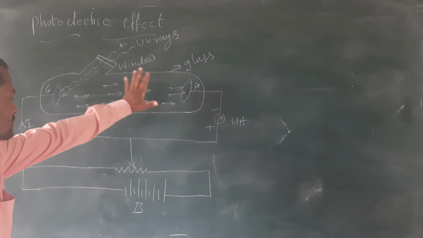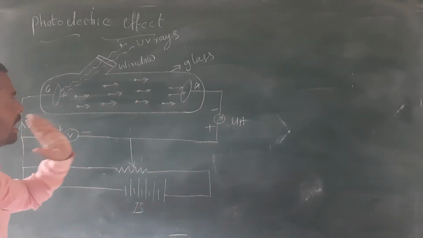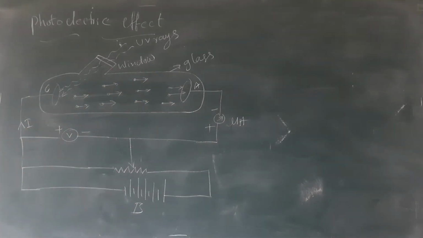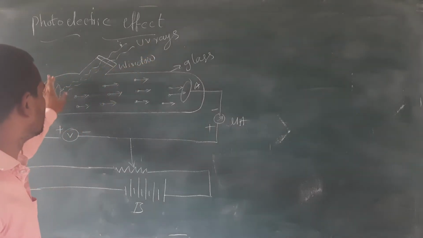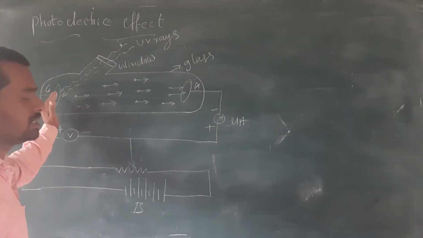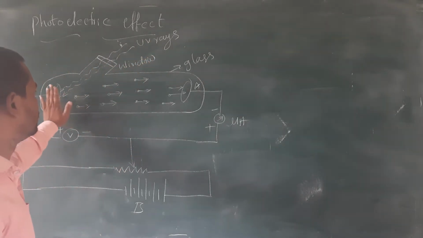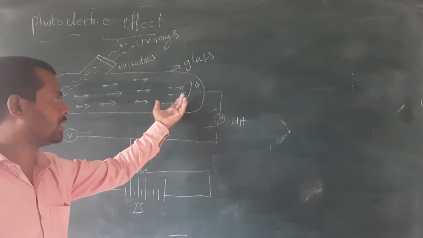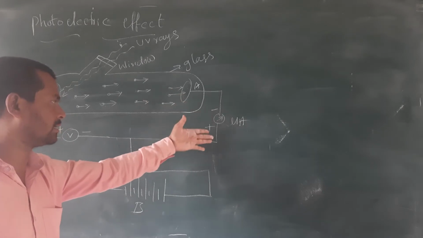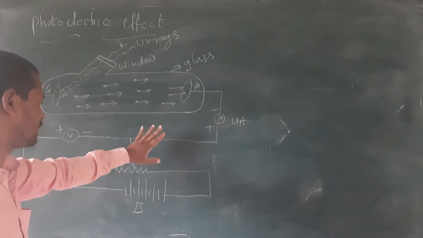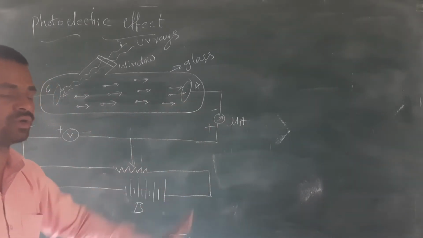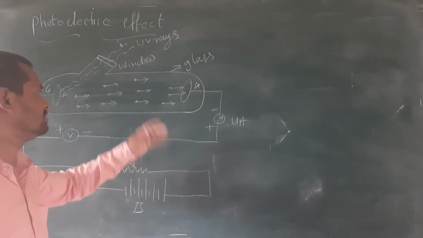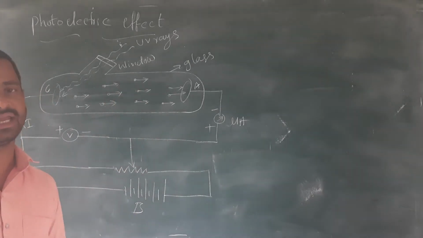So this is the diagram. And how does it work? Let me explain. When the UV rays fall on it, this material emits electrons. Emitted electrons travel towards the anode, and the anode collects all the electrons, which travel in this manner and constitute current. That current we call photoelectric current, and these electrons are called photoelectrons.